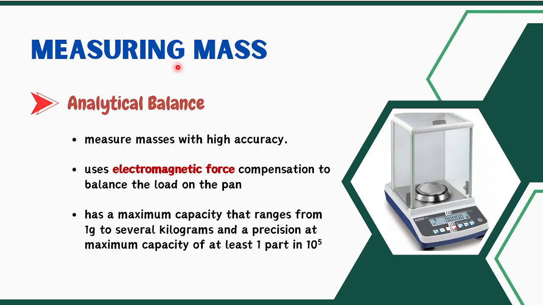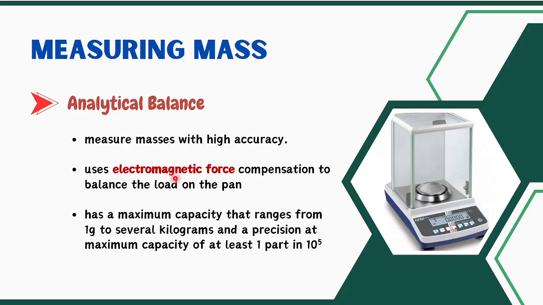Now let us start with the laboratory equipment that are commonly used to measure mass. First we have the analytical balance, or the electronic analytical balance. The main job of this electronic balance is to measure the mass of a particular object, may it be liquid or solid, with high accuracy.